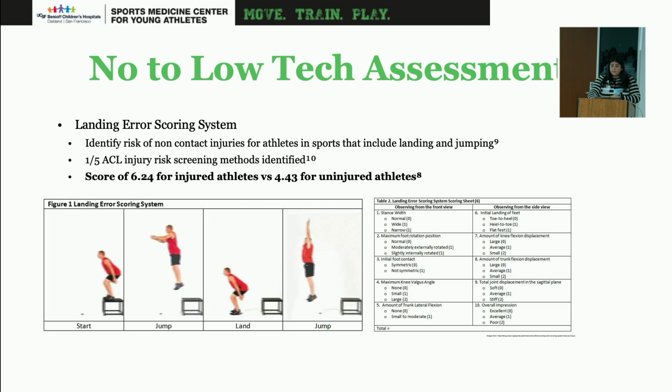According to Fox et al., this was one out of 5 ACL injury screening methods identified. So there's multiple studies kind of pulling this assessment in. And then this is not a cutoff score, but based off of a study I read from Schweizer et al., a score of 6.24 was measured for injured athletes versus 4.43 for uninjured athletes.